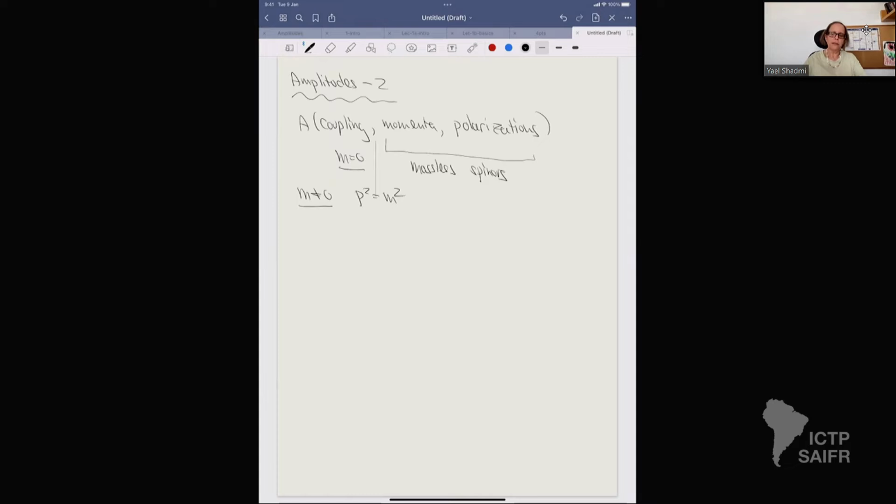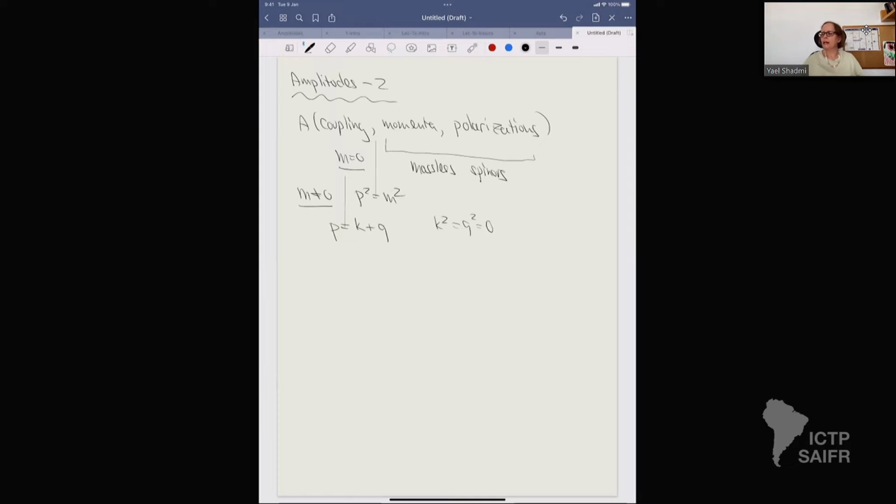Here the answer is very simple, because we already know what to do with massless vectors. We know that any massless vector can be written in terms of two-component spinors. So now we can take the massive momentum and split it into two massless momenta. In this case, I'm writing P as K plus Q, where K squared equals Q squared equals 0.